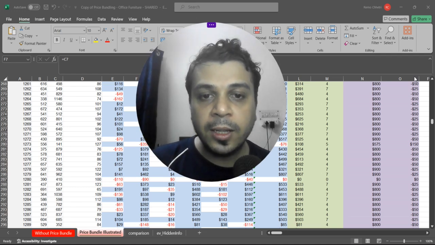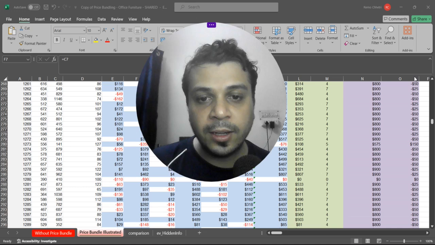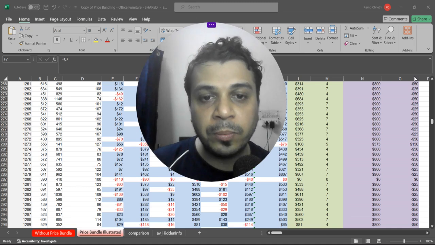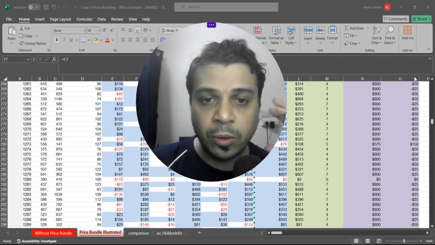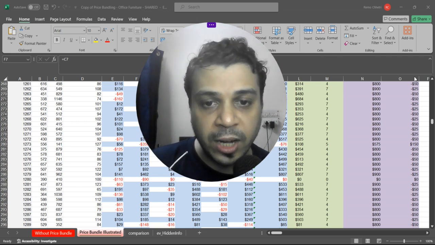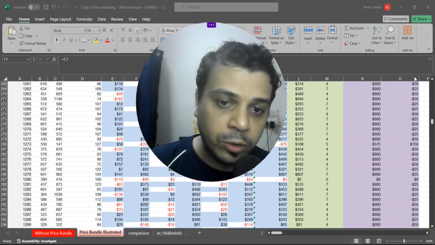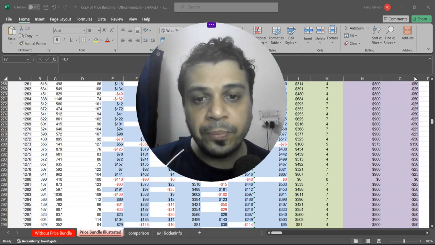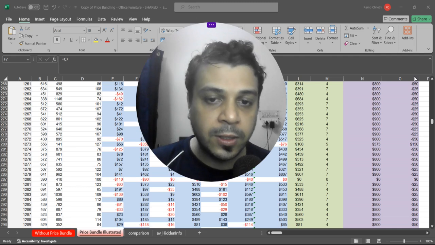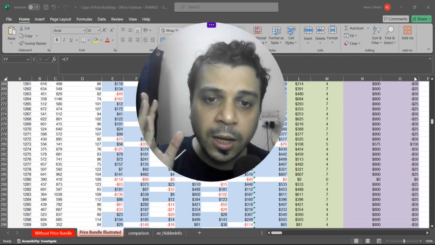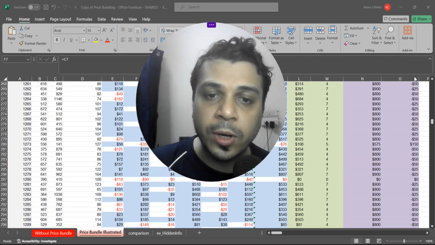So one will be a downward push on the overall AOV, or the revenue per transaction, because your average order value is going down per transaction. So the revenue will have a downward push. On the other hand, your sales volume, or sales velocity, is also going to have an upward push, because people will be willing to buy a lower priced product because of the discount.